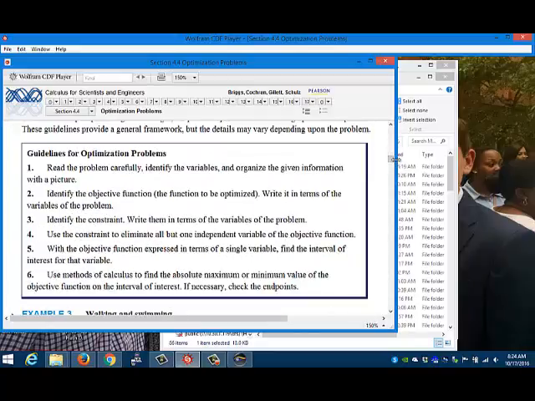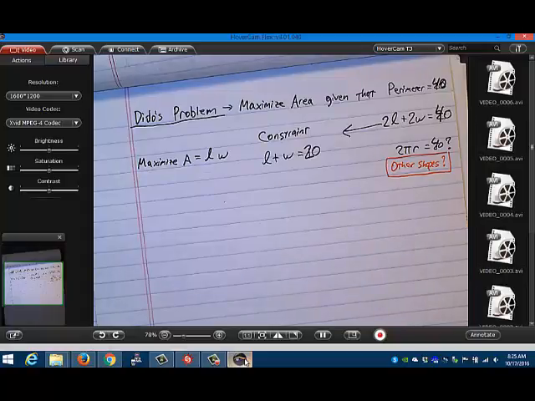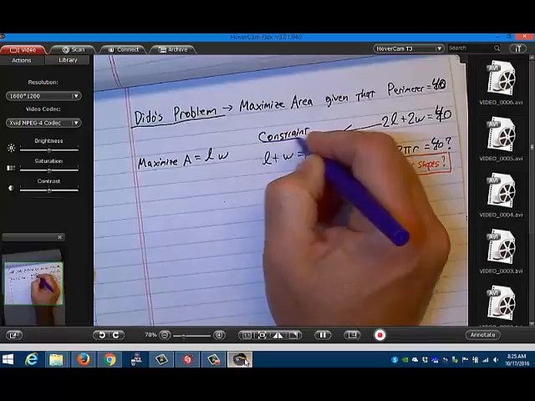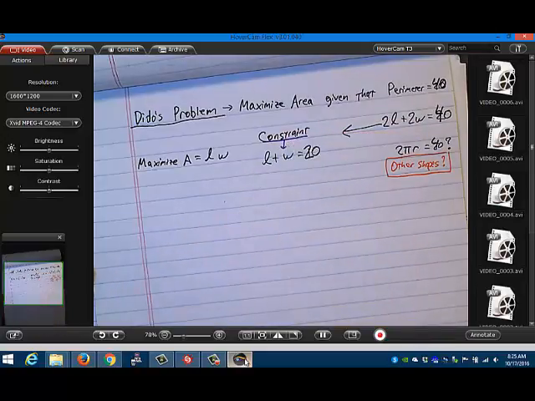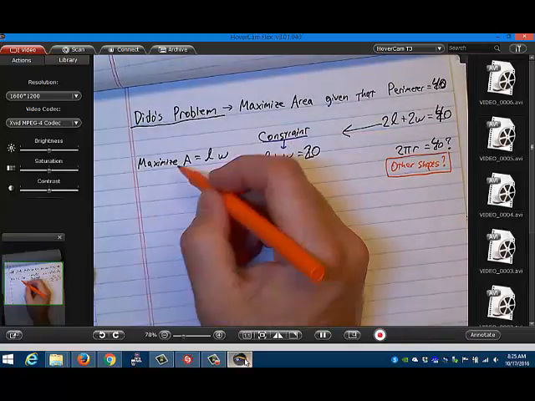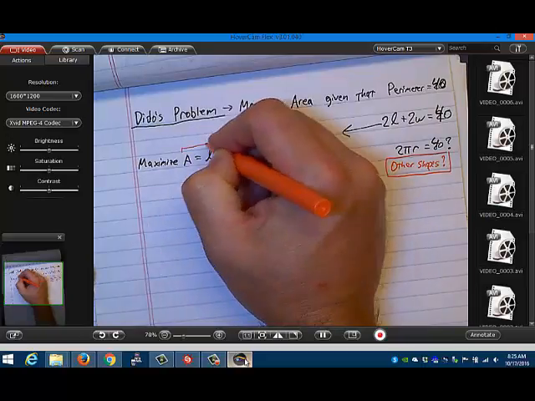Guidelines. Read the problem carefully, identify the variables, organize the given information, and then, step 2, identify the objective function. So on our picture here, you'll notice that I labeled this thing the constraint. But what you're trying to maximize here, we're trying to maximize this.